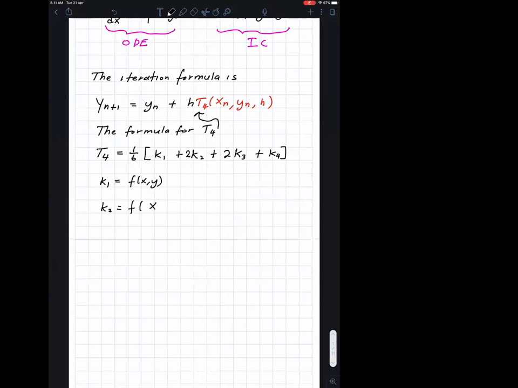is f of x plus h over 2, y plus h over 2 K1.